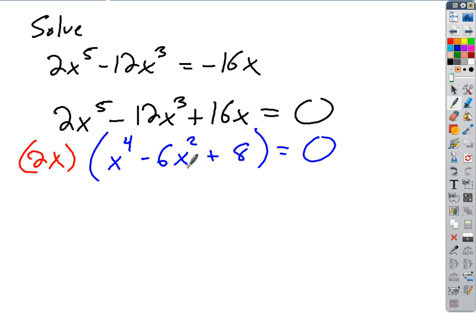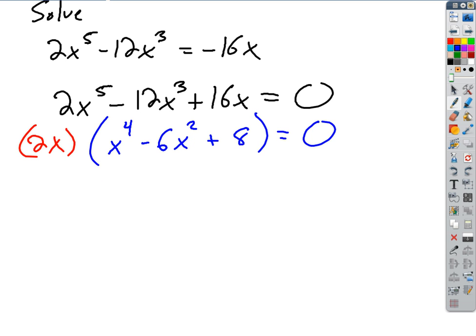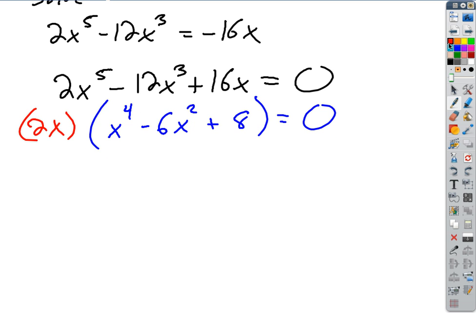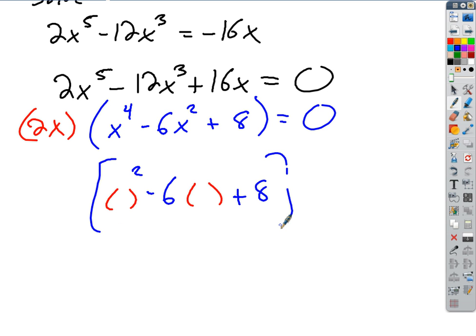Okay, good. Yeah, we're going to try to see if we can make this look like a quadratic form, like a chapter 5 type problem. So if we can take this stuff and rewrite it as something squared, minus 6 times something, plus 8. That looks like chapter 5 stuff, right?